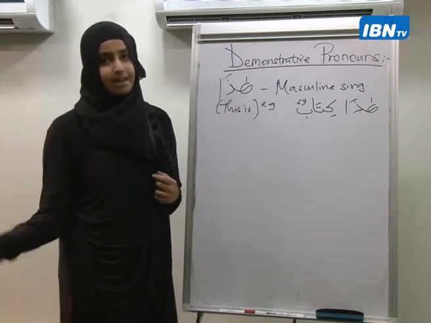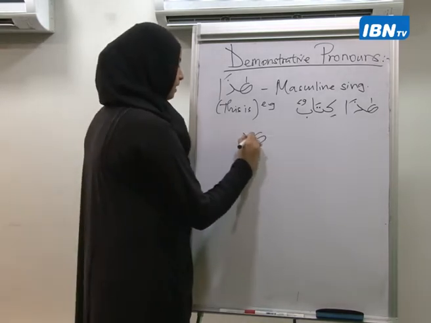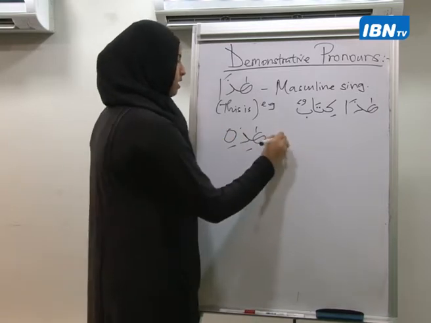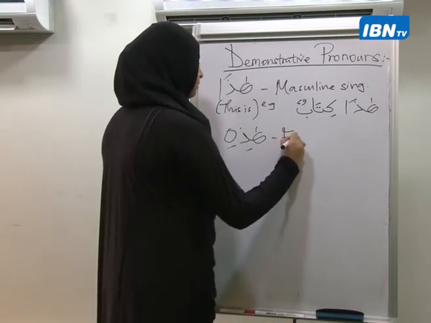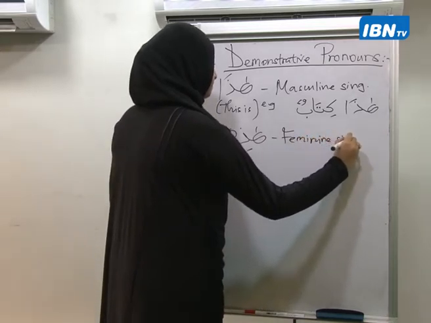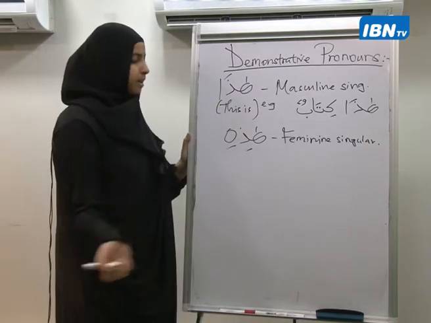Then we went to hadhihi for feminine singular. We said hadhihi is a demonstrative pronoun for feminine singular, and we gave an example.